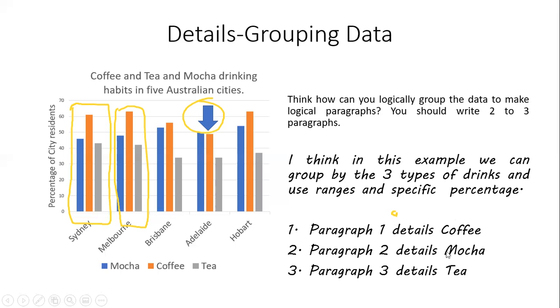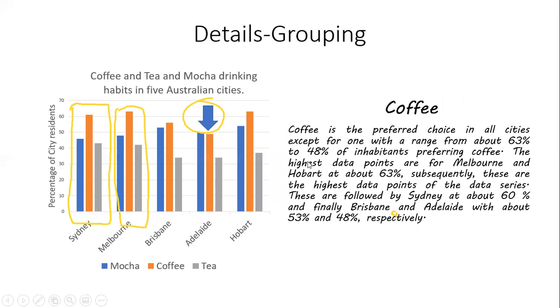Okay, so this is what I came up with for coffee. And again, the words that I've used that may be of interest, which I may just highlight for you. So for example, I have used the word range. Okay, so the range. I think that's a good word, because if you can see here, I might just rub out the other drawing on here.